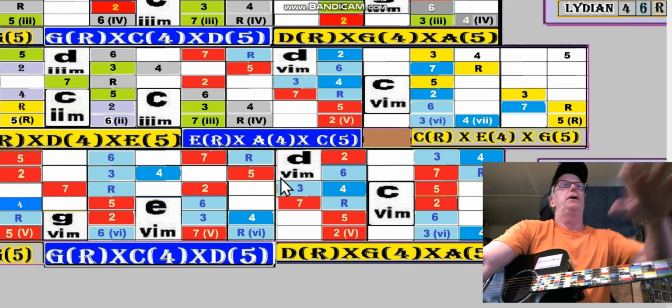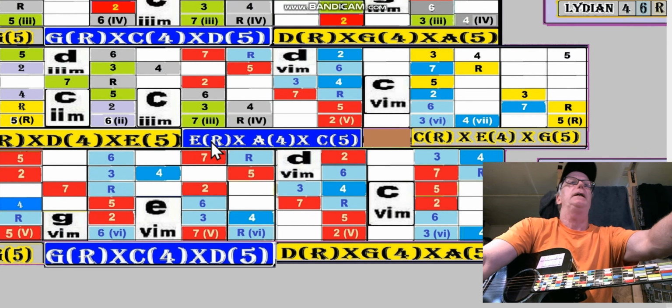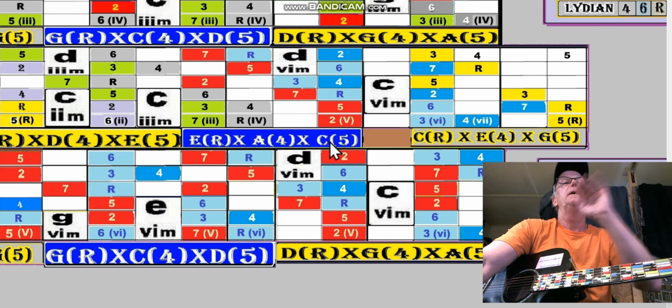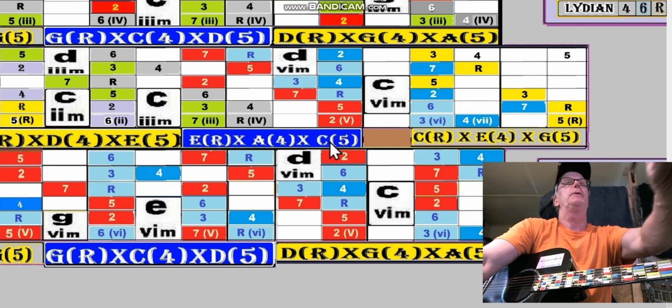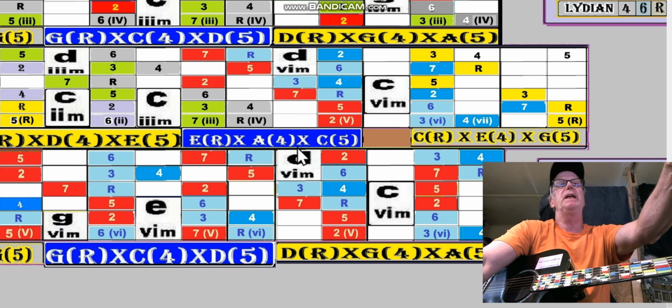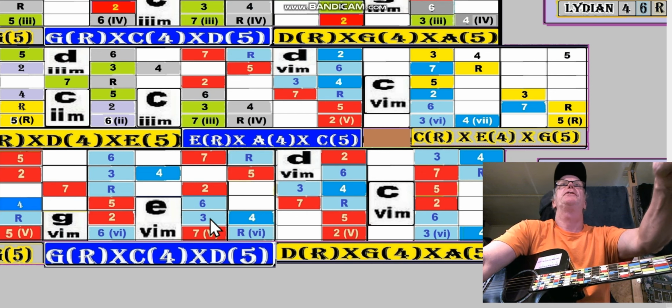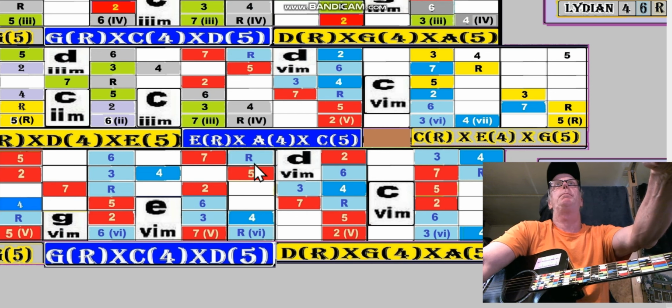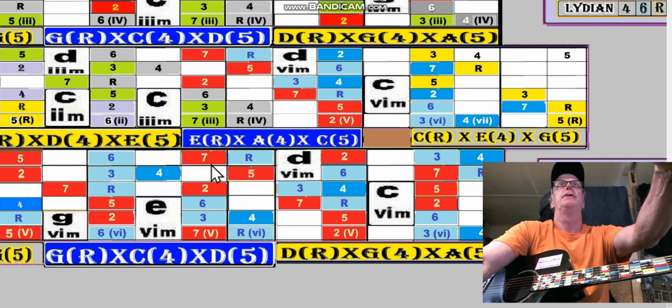it's always a 4th away. So E goes to A, okay, and then A goes to C. Now that's a little different. Once again, because remember, if E is the root, A is the 4th, the 5th is going to be B, but because the 7 is in the root box, we can call it a part of the C box.